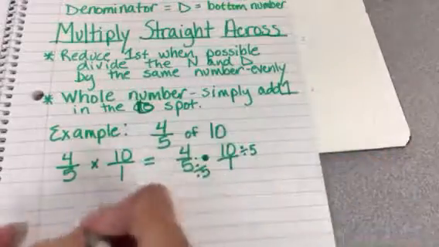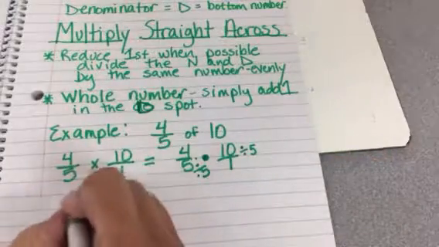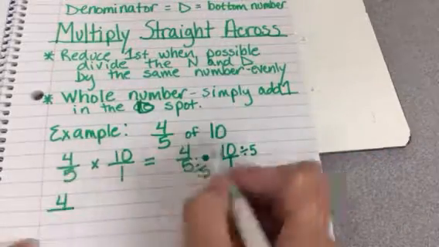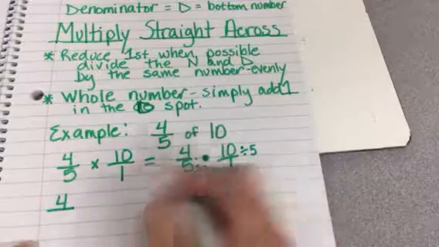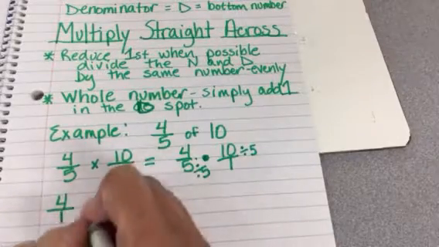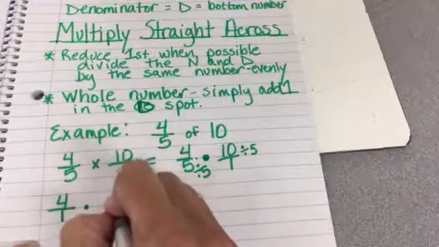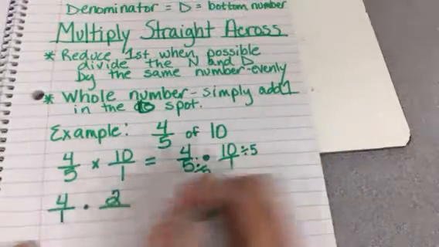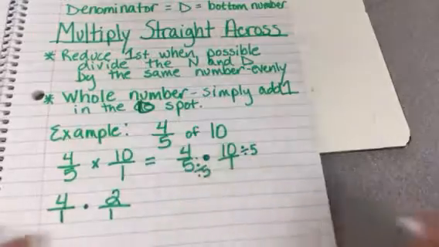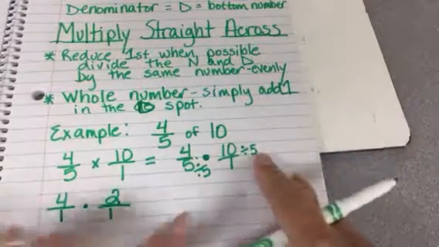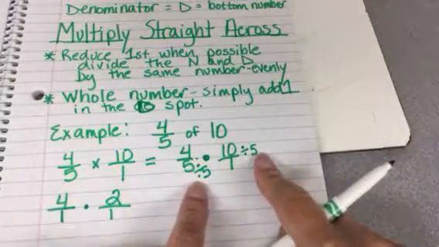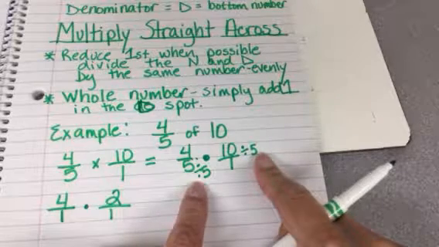So I'm going to come down here. I'm going to bring my answer this way. 4, and I say 5 divided by 5 is 1, times 10 divided by 5 is 2, and then I just carry my 1. I divided my numerator and my denominator both by the same number.